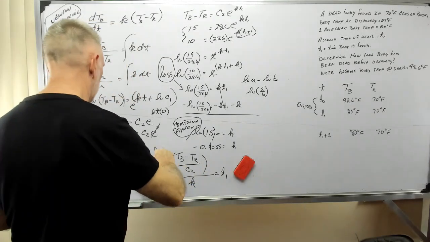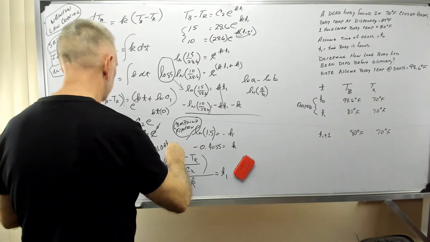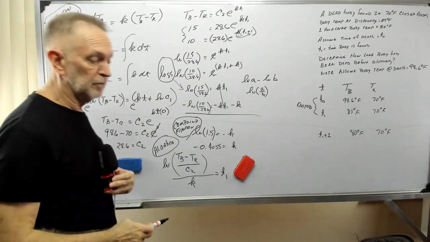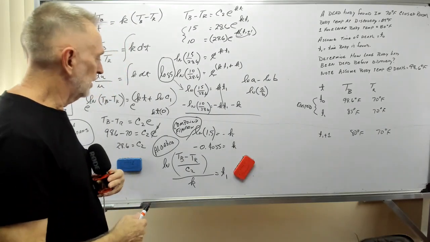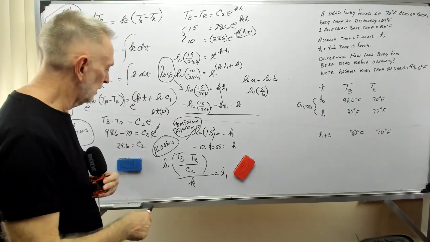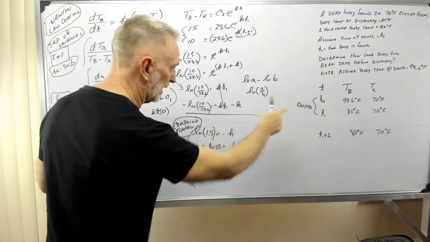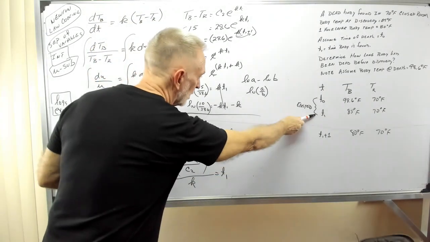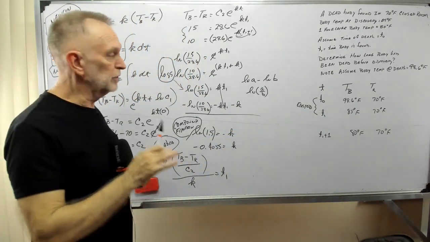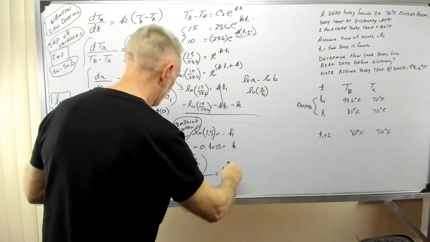And what was all of that? That was just some algebra. Actually, algebra is all throughout this, just adding, subtracting, multiplying, dividing algebraically, or general math. Okay. All right, so let's figure out with T1, we had 85. Temperature of the body is 85. Temperature of the room is 70. So 85 minus 70 is 15.